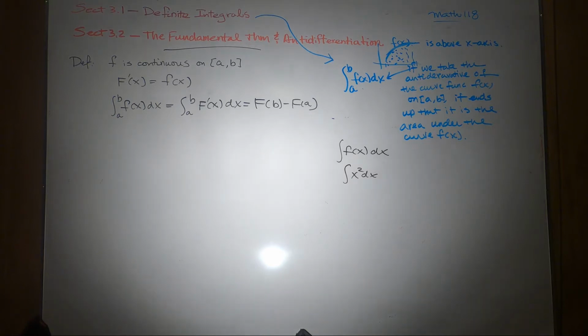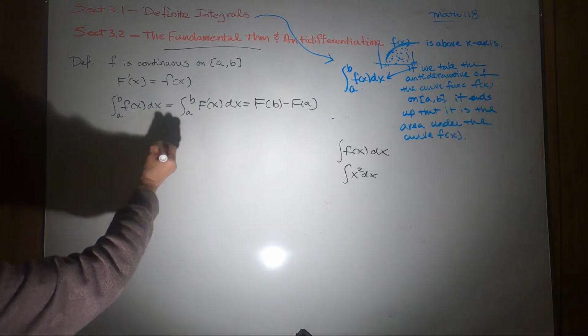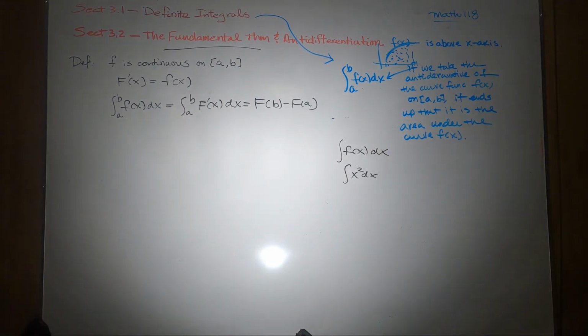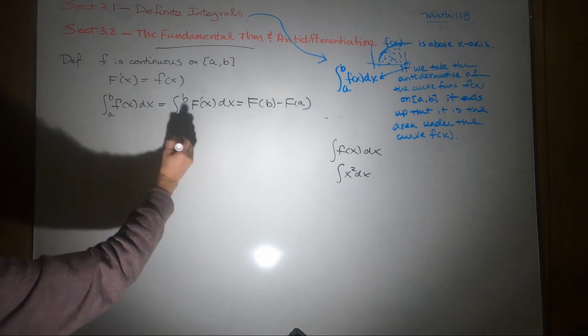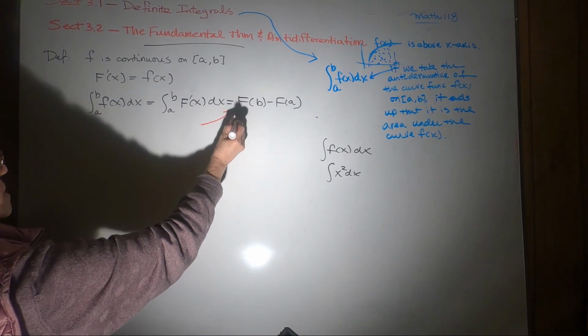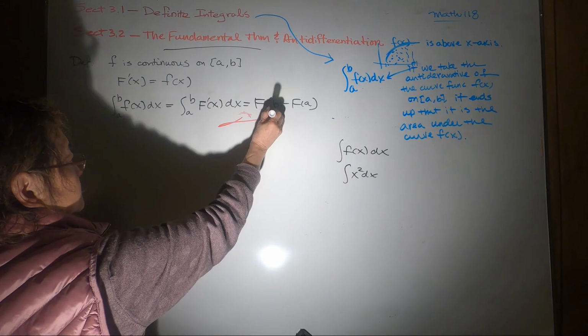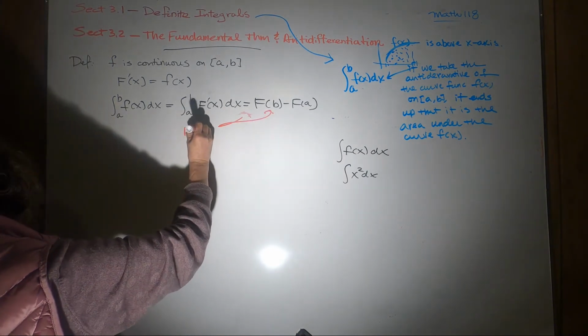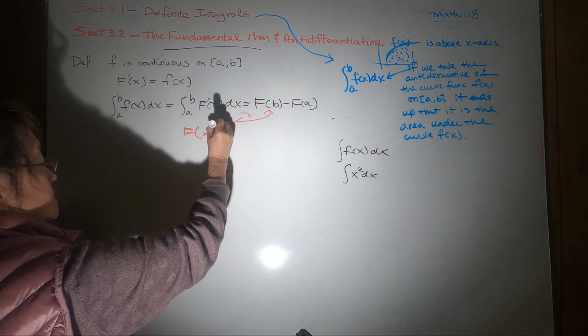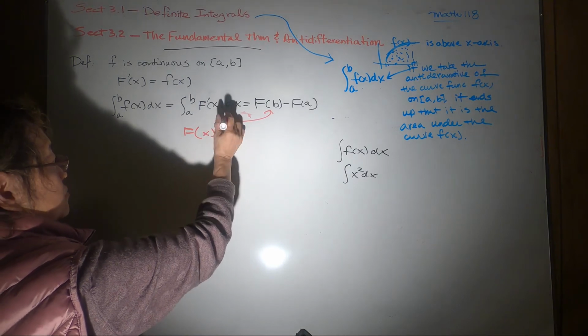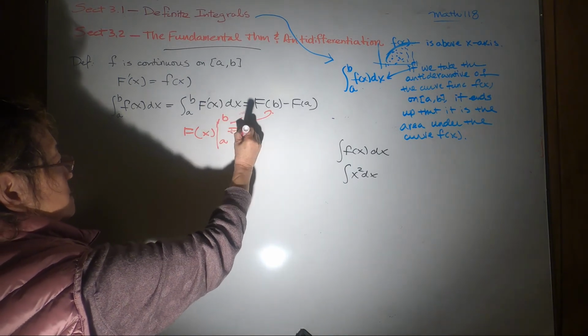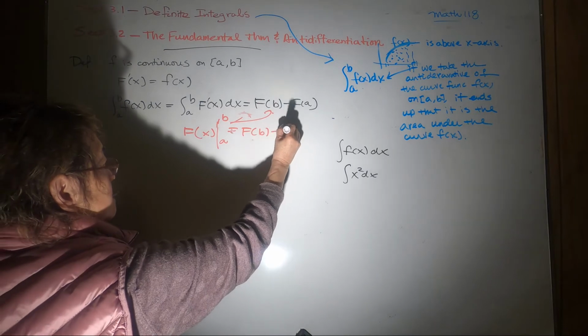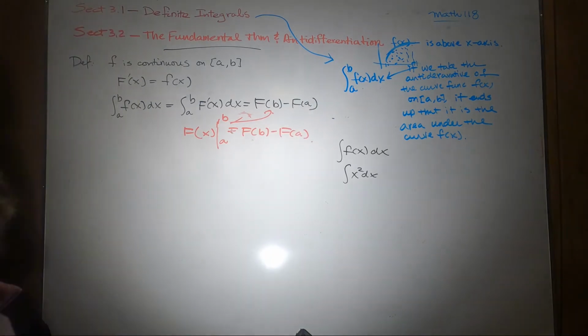Let's see what that means. We also use another notation for this, like this: F of x evaluated from a to b is the same thing as F of b minus F of a.